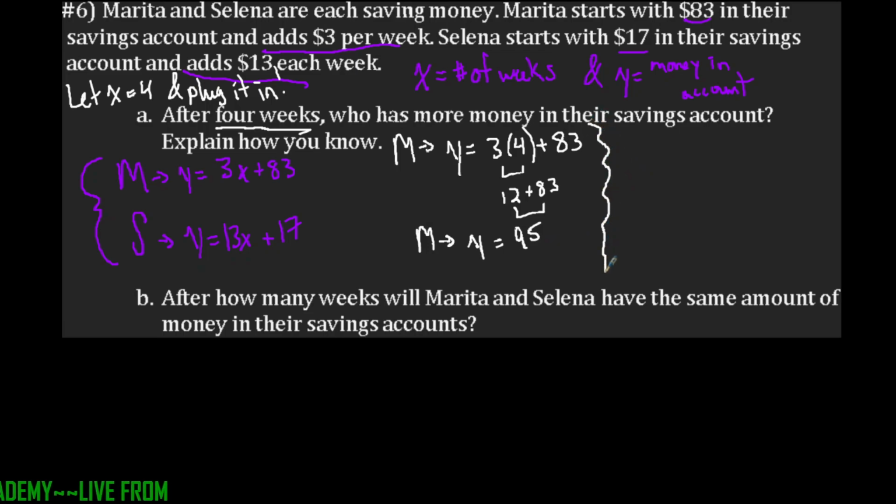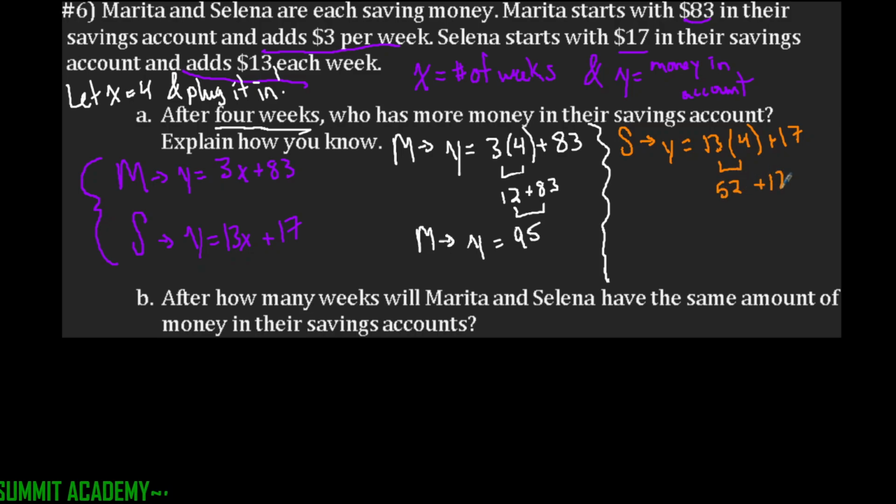Then similar setup, let's do orange for Selena. So for Selena, their equation is going to look like this. We're going to say y equals 13, our x value is 4, so we have times 4 plus 17. So to be able to simplify this, we have 13 times 4 is going to be 52 plus 17.